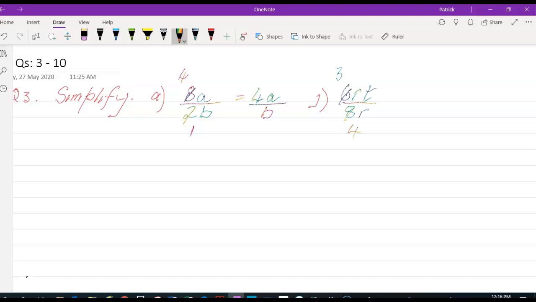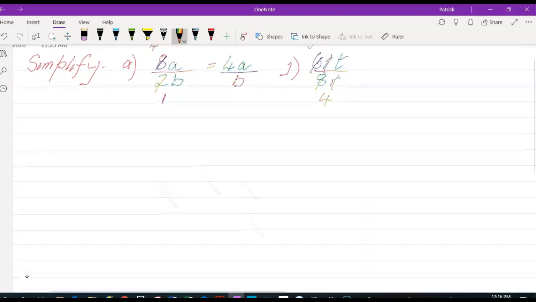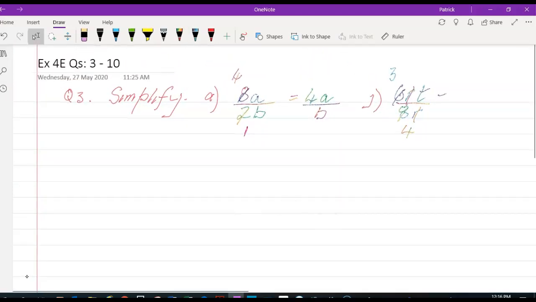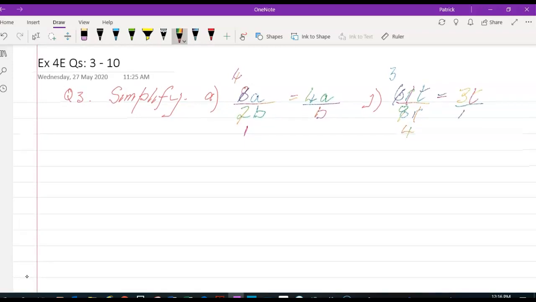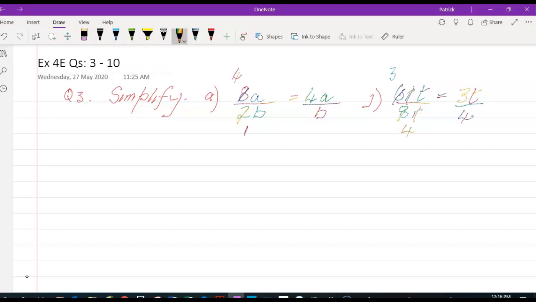Now there is a common factor of r, so that's going to go out. So I'm left with 3t over 4. That's pretty straightforward there in question 3.